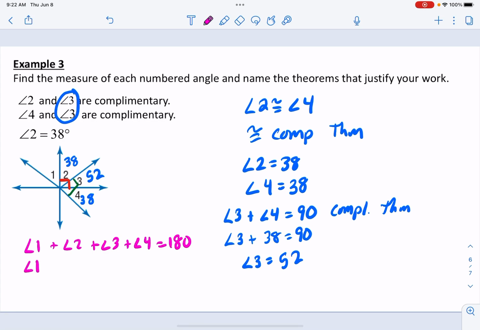So I need to find angle 1. We know angle 2 is 38. Angle 3 is 52. Angle 4 is 38. The sum equals 180. So I have 38 plus 52 plus another 38.